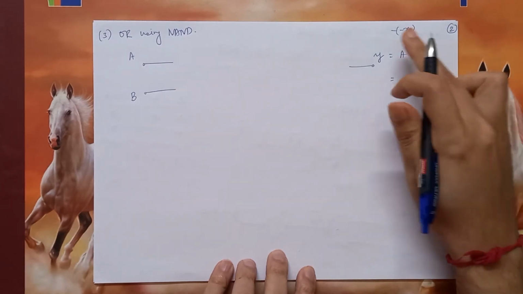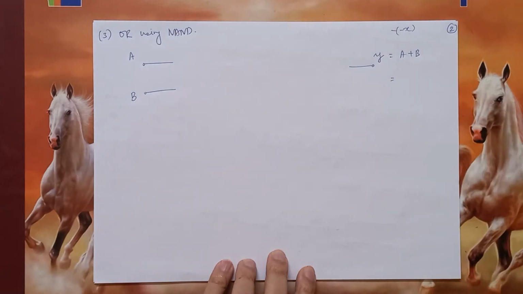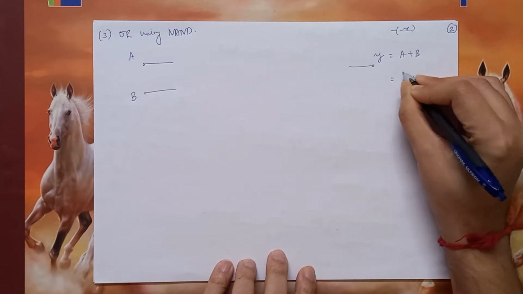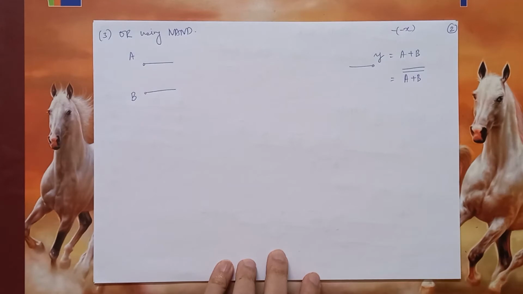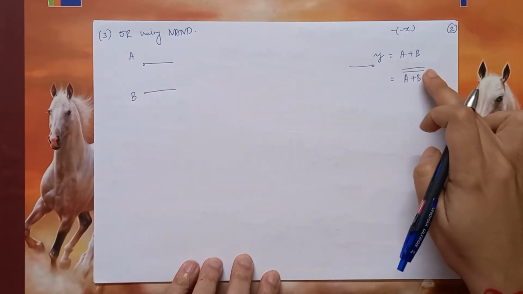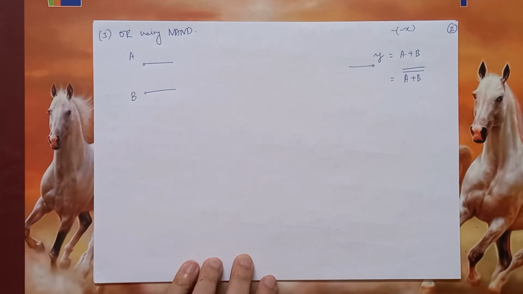So therefore, if I treat the negation as a complementing operator, I can say that this is nothing but a plus b whole bar. This is what I can say. Now, what I can do is I can keep the outside bar as it is, and the inside bar I can look at it more closely.